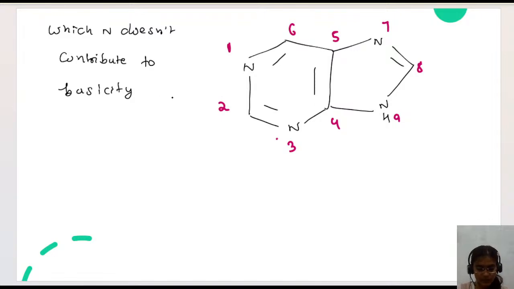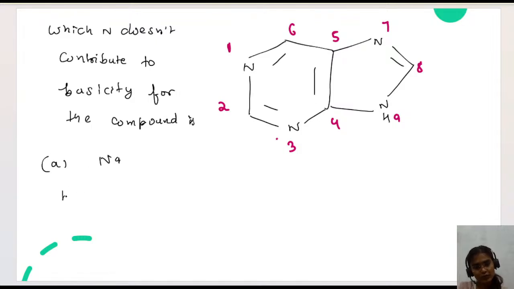So basicity simply, basicity for the compound. Options are: option A, N9 position. Option B, N3 position. Option C, N1 position. Option D, N7 position.